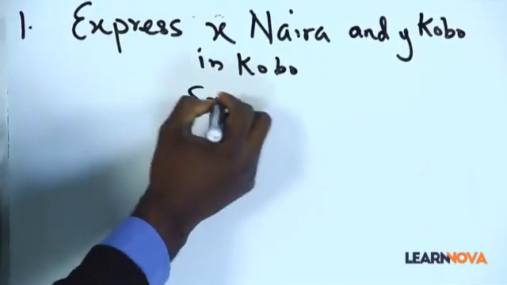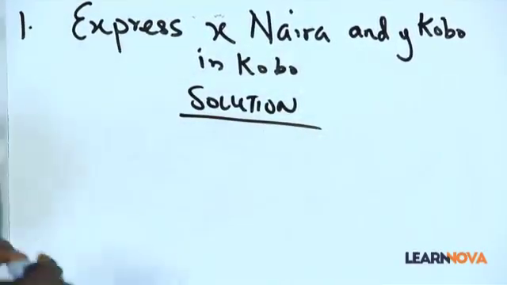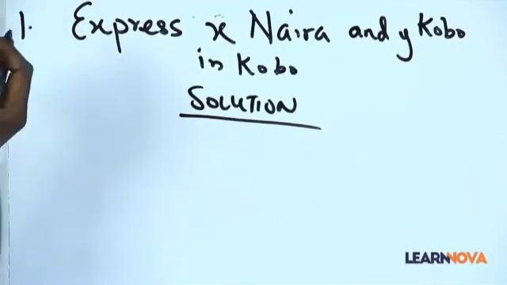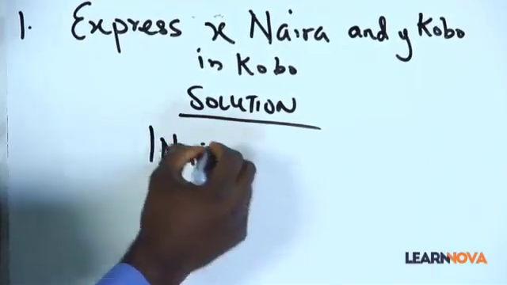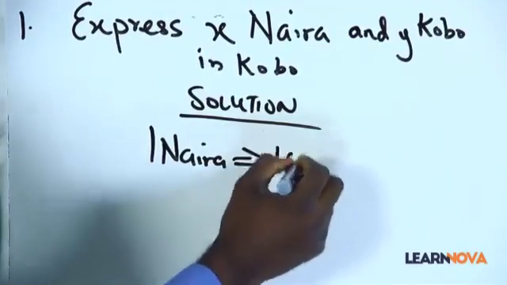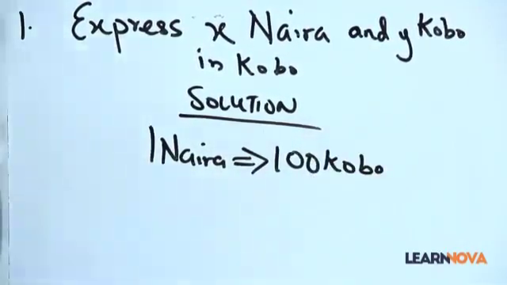All right, now let's go on with the solution. For those of you that cannot remember the exchange rates, we don't use Kobo these days, 1 Naira is 100 Kobo.